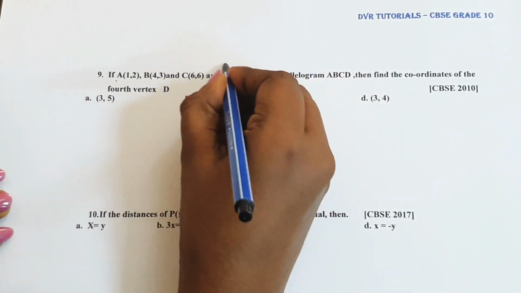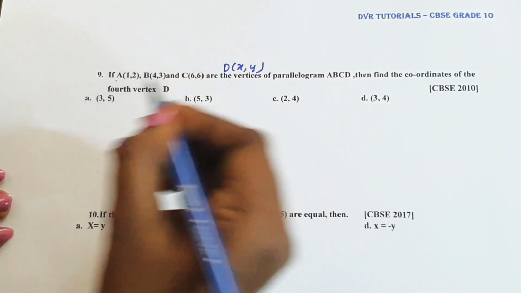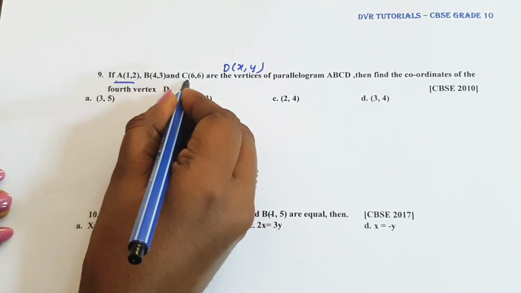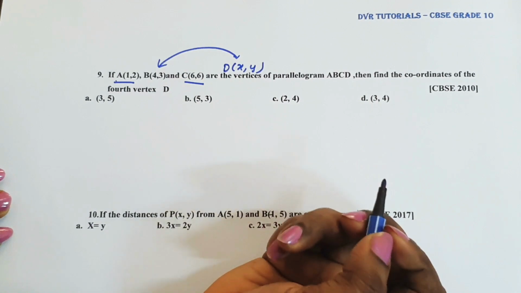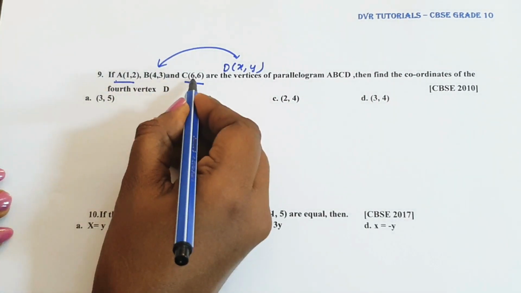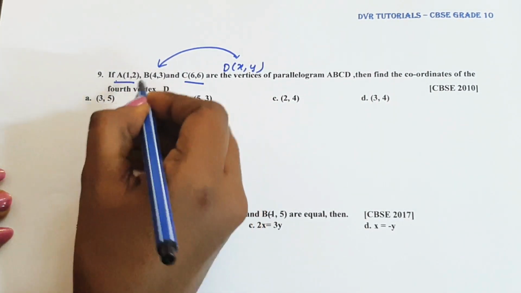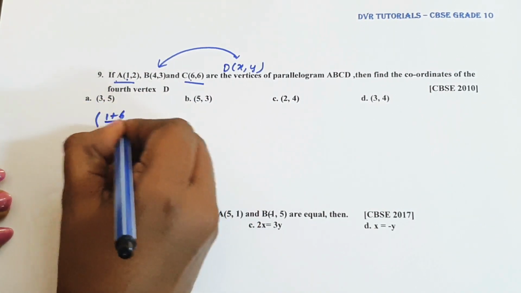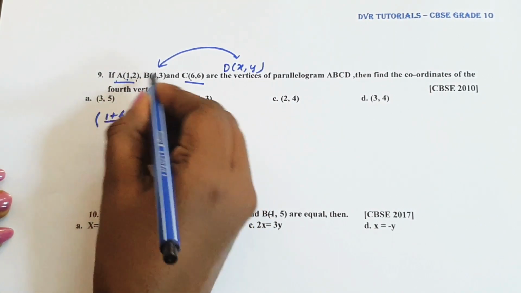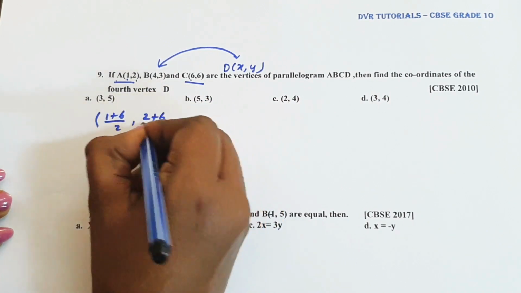Since we don't know D, let me just write it as x, y. So AC and BD, their midpoints should be equal. So what is the midpoint of AC? (x1 plus x2) by 2, so 1 plus 6 by 2, (y1 plus y2) by 2, 2 plus 6 by 2.